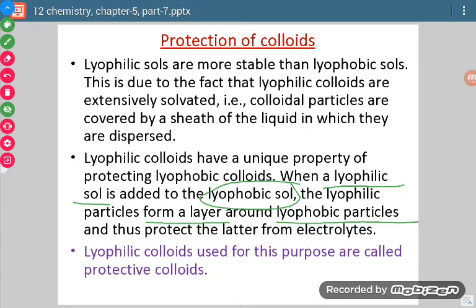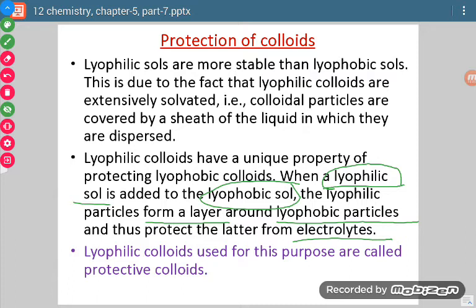Okay, now once they form the layer, in case we are adding some electrolyte for coagulation, those active ions will react with the lyophilic sol particles first, because they are covering the lyophobic sol particles.